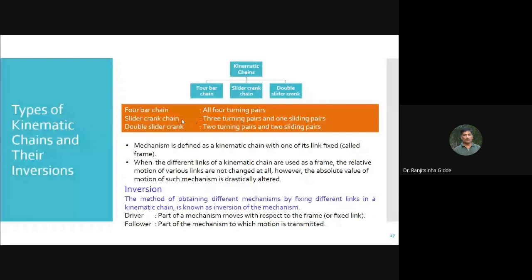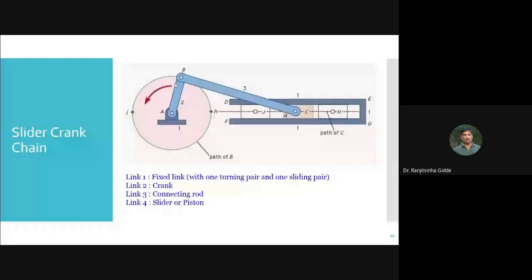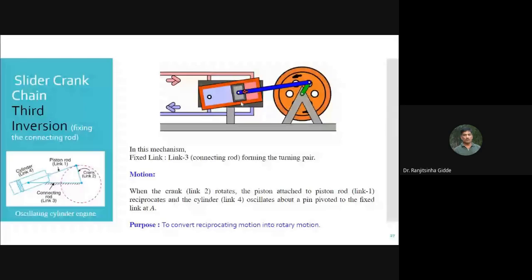Okay. Then next one, double slider crank: 2 turning pair and 2 sliding pair. So this is related to the 3 turning pair: turning pair 1, turning pair 2, turning pair 3 and sliding pair 1. That is slider crank chain. So you can see here, this piston is sliding pair, turning pair and the turning pair.